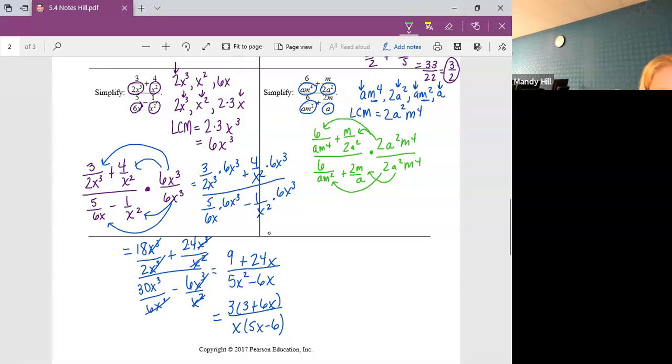Okay, so that is going to get me 6am to the 4th times 2a squared m to the 4th. I'm taking every single part and multiplying it by 2a squared m to the 4th.